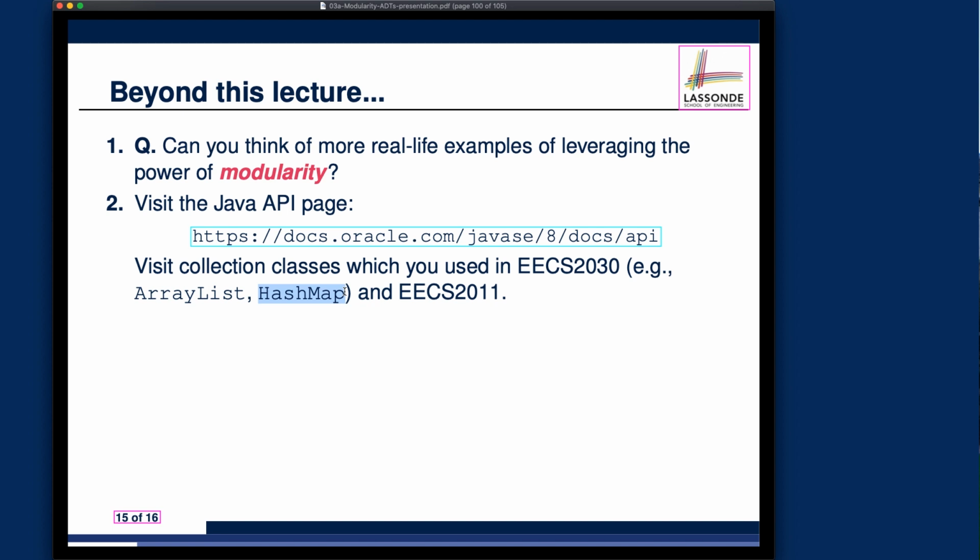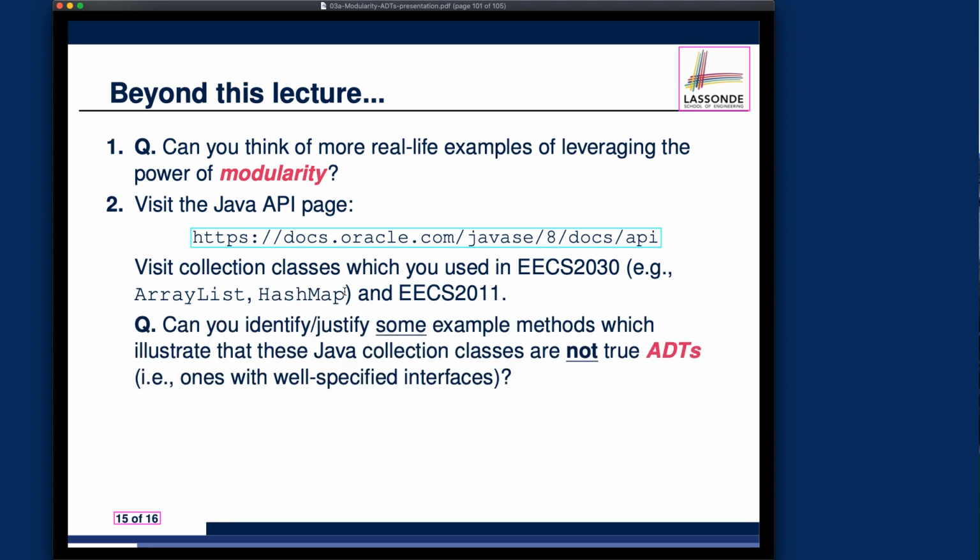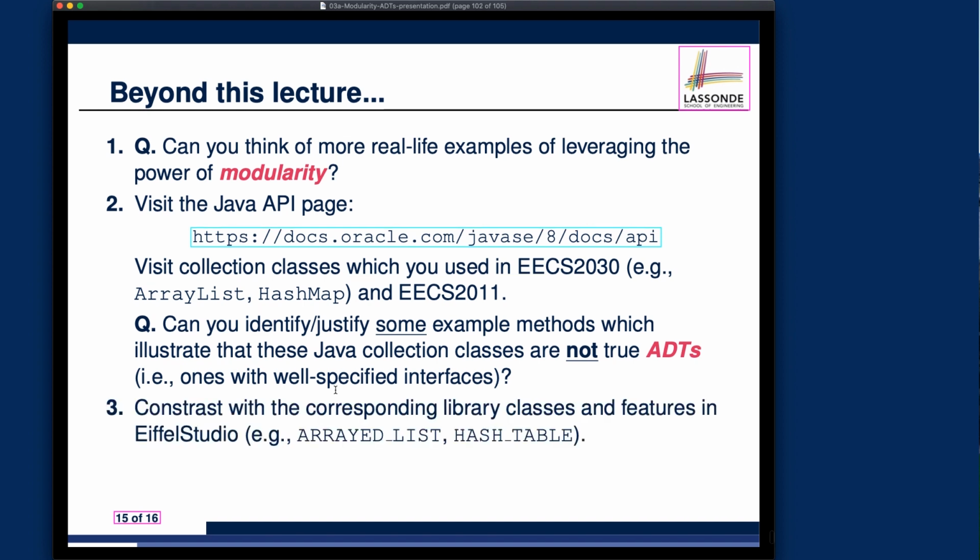If they are not, that means they are not really true ADTs. It's just an affirmation of what I said. Whenever you find some ambiguity or incompleteness in the description of the interface of any method, then it's not a true ADT.